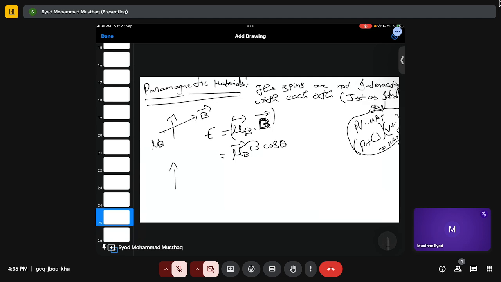If my spin is up and my B is in this direction, then my cos theta will be 1, and if my mu B is down and B is up, then my cos theta will be 180, and that equals minus 1. For this one, E equals minus mu B B, because the electrons have negative sign, so that's why I was taking minus. And for this one, it will be positive mu B B.